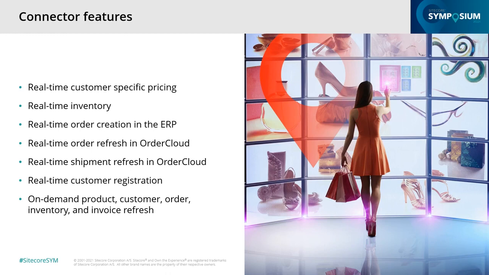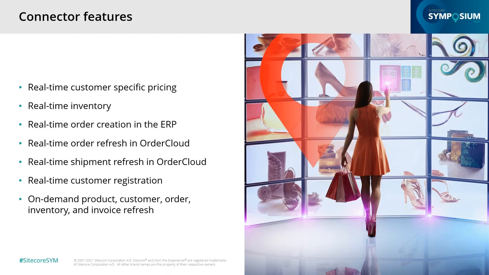We have also optimized real-time pricing to provide prices for multiple products in a single call. This, along with caching, provides optimum real-time pricing performance on the storefront. The connector provides real-time inventory from Infor CSD. The real-time inventory call is also optimized to provide inventory for multiple products in a single call.